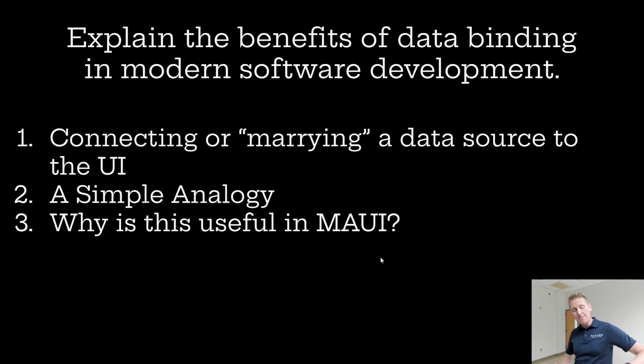And when you implement binding in MAUI, it's just following that industry trend of declarative programming versus the alternative style where you're manually updating the user interface, which is referred to as imperative. So imperative versus declarative, regardless, it's an industry trend. So those are why it's useful in MAUI. I wanted to cover those concepts before we start coding, but now let's get into the code.